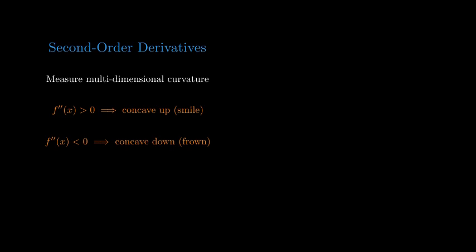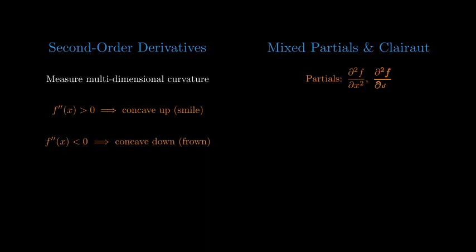When we have a function of multiple variables, we can take partial derivatives more than once. For a function of two variables, x and y, we can take the second partial derivative with respect to x twice, the second partial derivative with respect to y twice, or mixed partial derivatives, where we differentiate first with respect to x and then with respect to y, or vice versa.